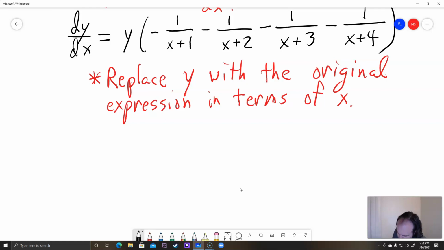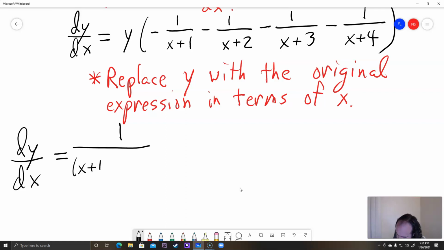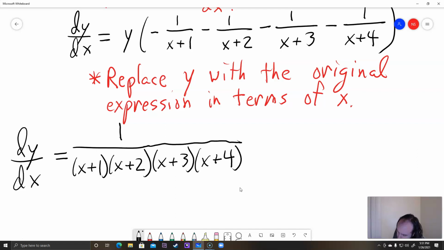Okay, so at the very end here, we're plugging in the original expression in terms of x on the right side. Okay, so the original expression was 1 over x plus 1 times x plus 2 times x plus 3 times x plus 4. Okay, we're plugging that in for y. That's this y right here. I replaced it with the original expression. And then we still have all of this.